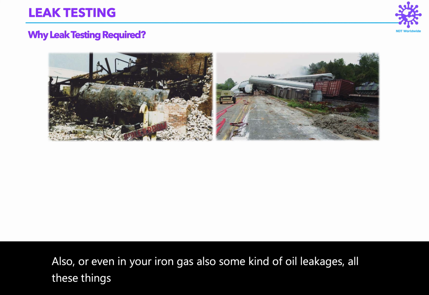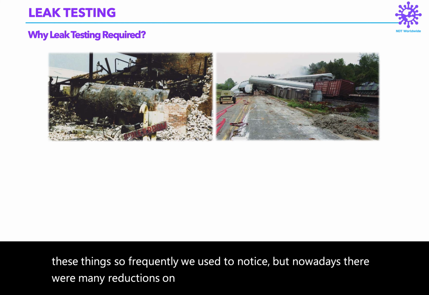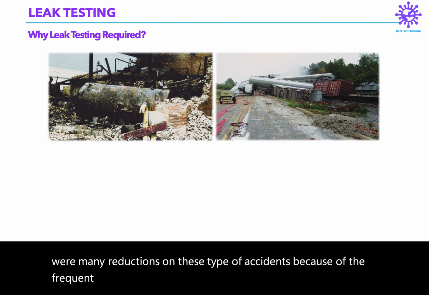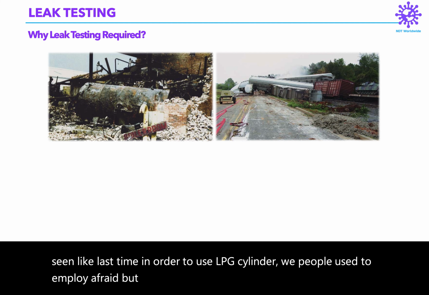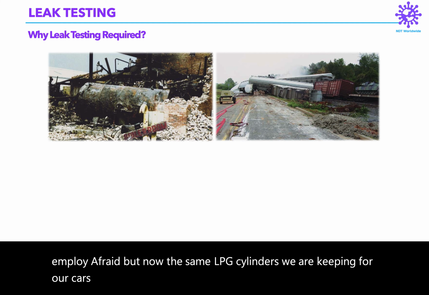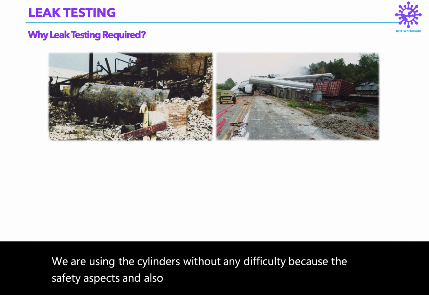We used to notice these frequently, but nowadays there have been many reductions in these types of accidents because of frequent checking and also the use of leak testing. Last time, we people used to be afraid to use LPG cylinders, but now we keep the same LPG cylinders for our cars, autos, rickshaws and different vehicles, and we use them without any difficulty because of the safety aspects and the frequent testing.